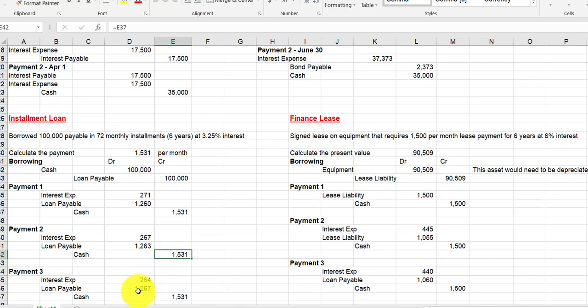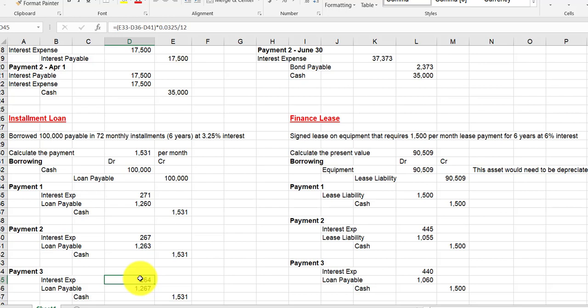Cash is the same. The loan payable reduction is going up, right? Less interest. So the loan payable is going down, so the interest is going down, and so the loan payable reduction amount is going up. And then finally, to make sure you understand, it's not just the last one, it is all of them.